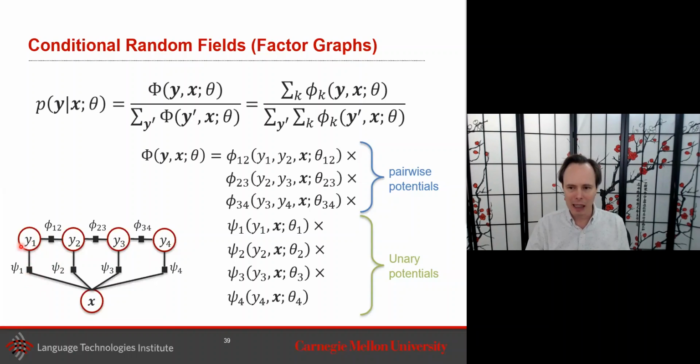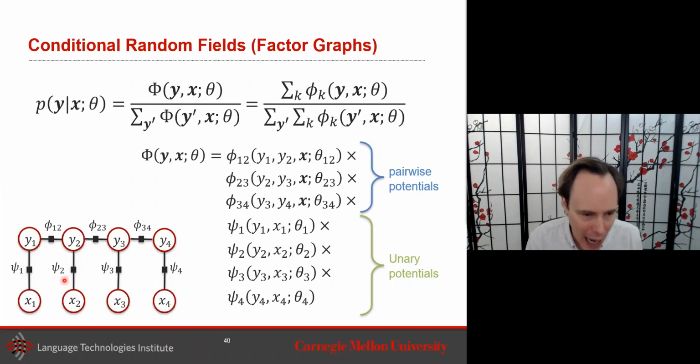And maybe I have one x for the whole sequence, or it could be many x, one x for each of the time samples. And then finally, one thing that I will do in a typical conditional random field is I will often tie the weights. So the weights for these will often be tied in the same way.